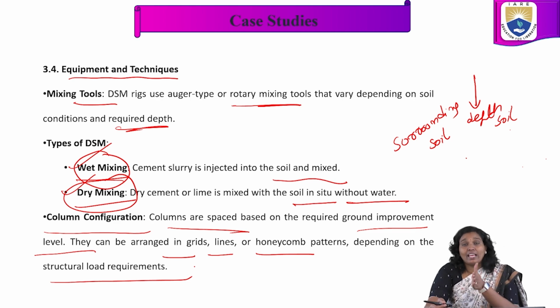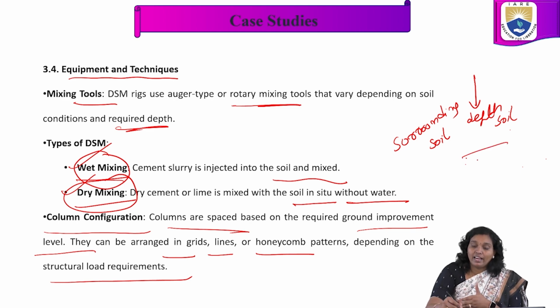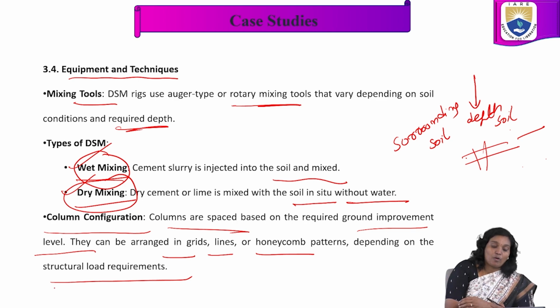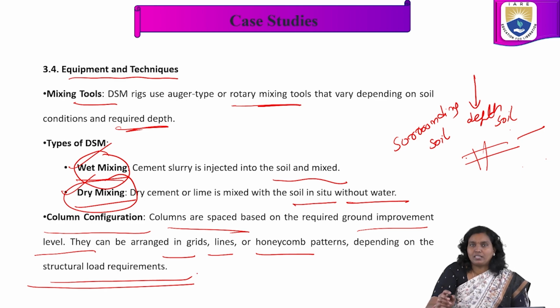How we arrange the column configuration, the spacing, and up to which depth is required depends on the project requirements, and whether it is a grid arrangement, line arrangement, or honeycomb pattern. So we have different types of patterns, depending upon the structural load requirements.